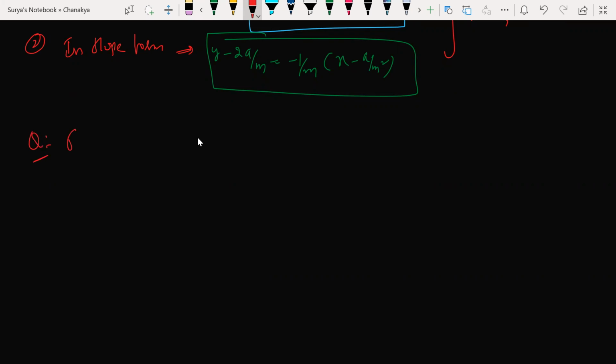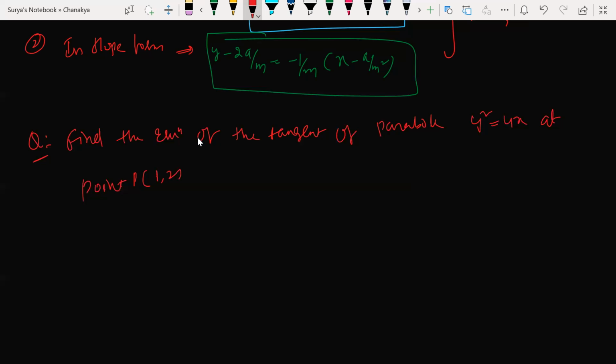Question is: find the equation of the tangent of the parabola y square is equal to 4x at point P, which is (1, 2), is dash.